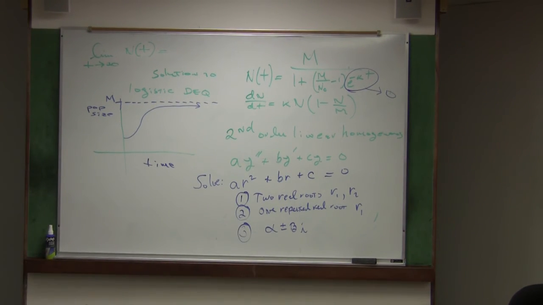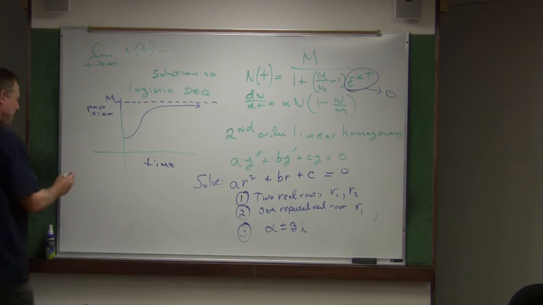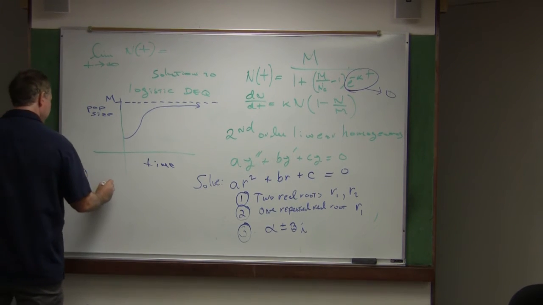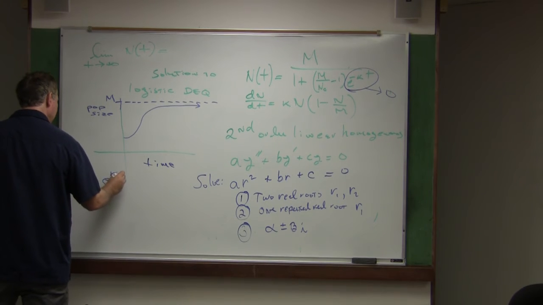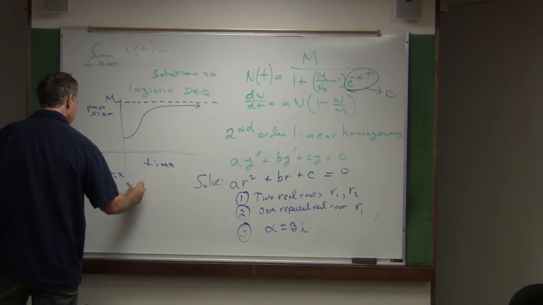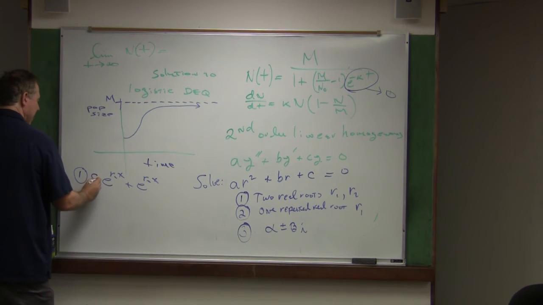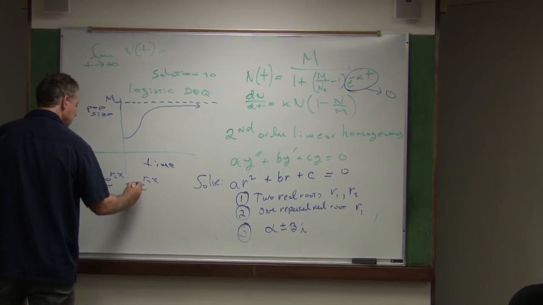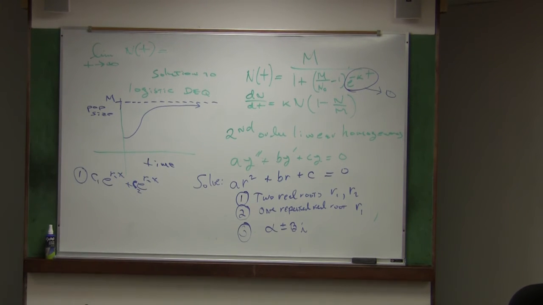For the first case, it's very easy: y = c1 e^(r1 x) + c2 e^(r2 x). That's the general solution, where you can have any constant c1 and any constant c2.